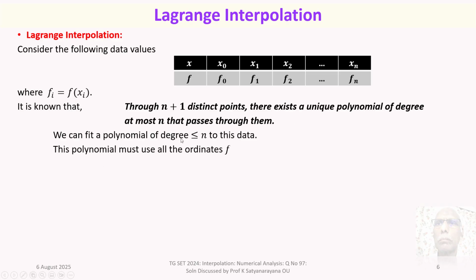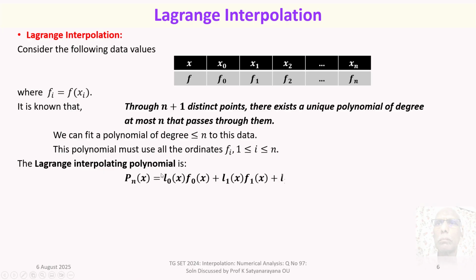This polynomial, which we are going to construct, must use these ordinates, that is f0, f1, f2, fn. The Lagrange interpolating polynomial is given by Pn of x is equal to L0 of x multiplied by f0, plus L1 of x multiplied by f1, plus L2 of x multiplied by f2, and so on and so forth, plus Ln of x multiplied by fn.